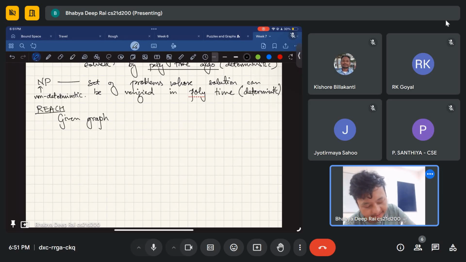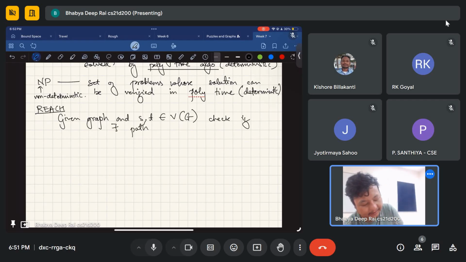Given a graph and S and T vertices, check if there exists a path from S to T. Given a directed graph, let's say, you want to check whether there is a path from S to T. Can you come up with a polynomial algorithm to do it?